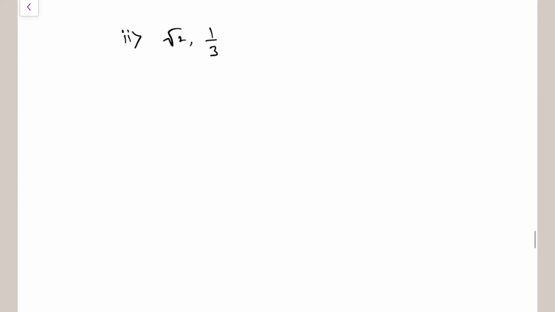Coming to the next one, root 2 and 1 by 3. The first number root 2 is the sum of the zeros and 1 by 3 is the product of the zeros, right? So let us substitute in our formula. K into x square minus alpha plus beta into x plus alpha beta.